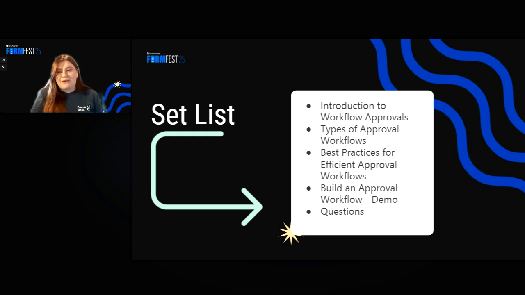I'll also share some of our favorite tips and best practices for designing approval workflows that are not just functional, but scalable and efficient. After that, I'll walk you through a live demo so you can see all of that in action. And of course, we'll wrap up with a Q&A session to make sure you walk away with new ideas and get a clear sense of how to use workflows to solve real problems in your organization. Let's get into it.